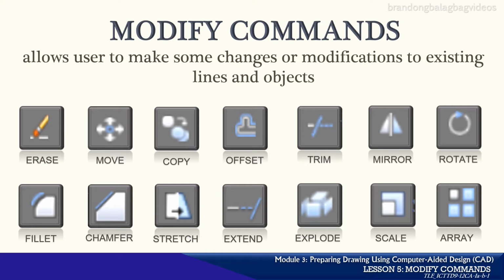As we discuss each modify command one by one, you will notice that the command names function the same way as their names. Modify commands can also be accessed in one of three ways: through the icon or symbol in the toolbar, typing in the shortcut on the keyboard, or from the pull-down menu.